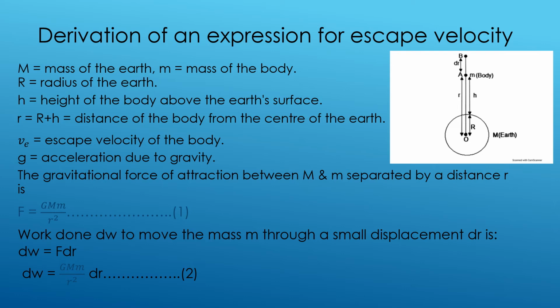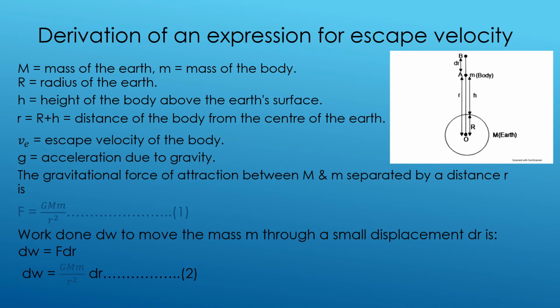Capital R is the radius of the earth, small h is the height of the body above the earth's surface, and small r is equal to capital R plus h, which is the distance of the body from the center of the earth.